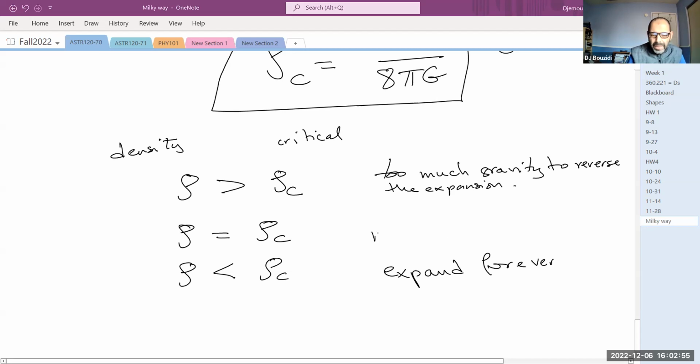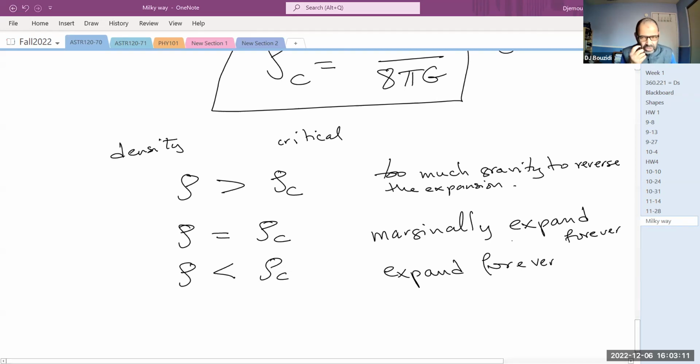And in here, it's going to marginally expand also forever. But this seems to be kind of a, is it really that? To be that specific value? And that's exactly what the observations were at that point. It seems like the universe has this critical density that we just measured.